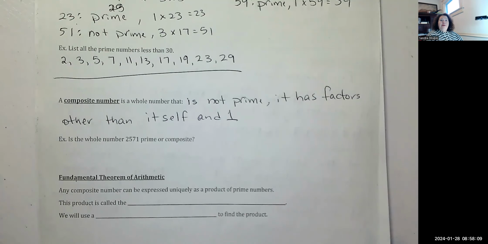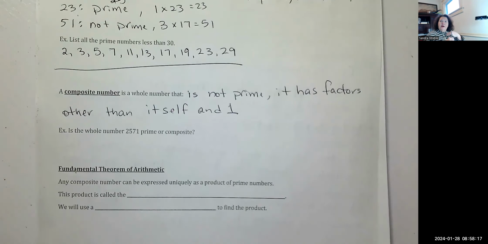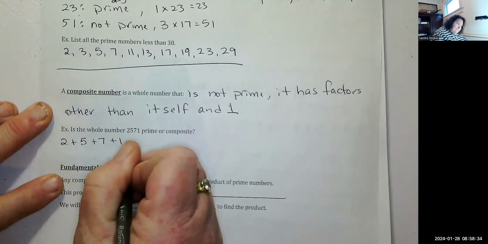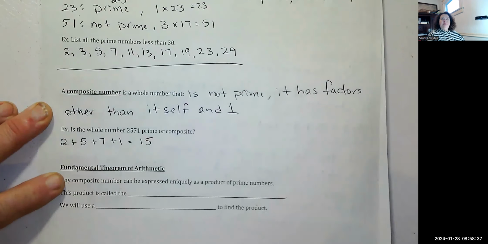So is the whole number 2,571 prime or composite? Well, it doesn't end in an even number, so it's not divisible by 2. It doesn't end in a 0 or 5. What else? My next thing is to go to the 3s. So I'm going to add these up. 2 plus 5 plus 7 plus 1, and that's equal to 15. 15 is divisible by 3.